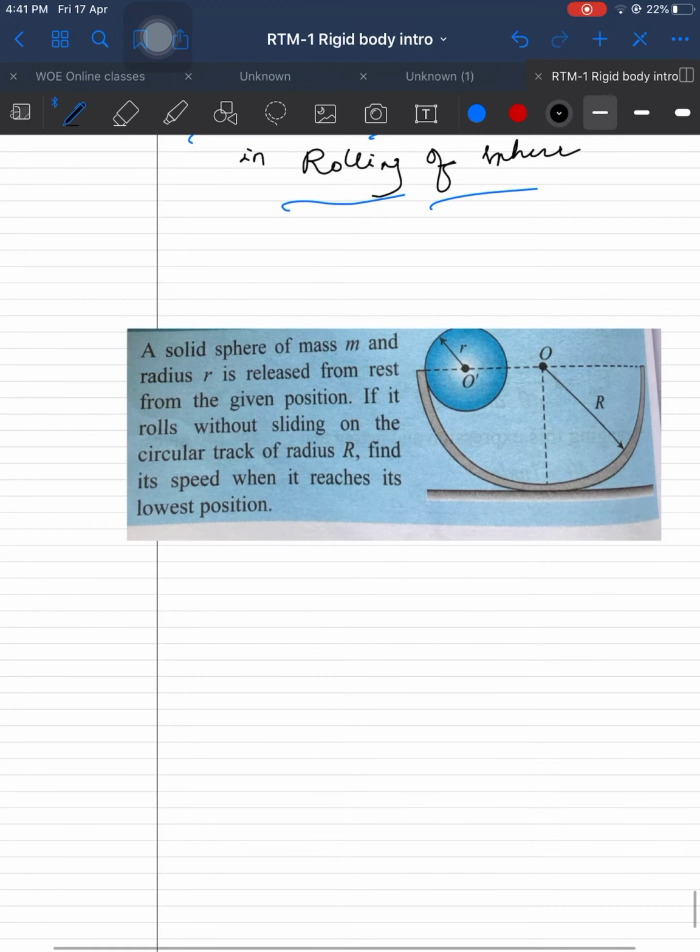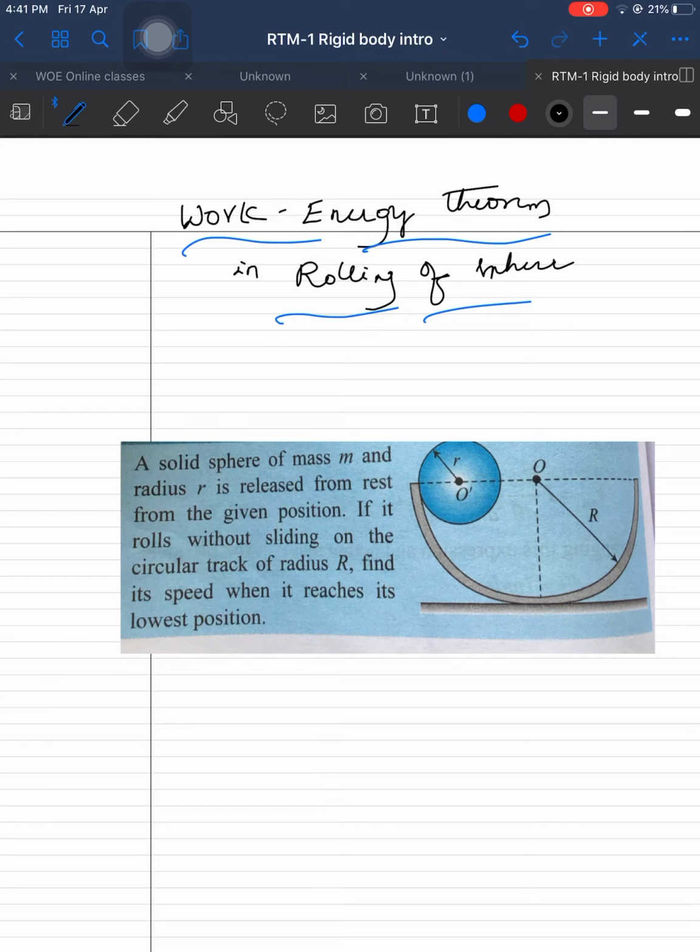Previously we discussed, when a body is rolling, very very important thing, remember, for a body to roll there must be friction. Without friction, the body cannot roll.